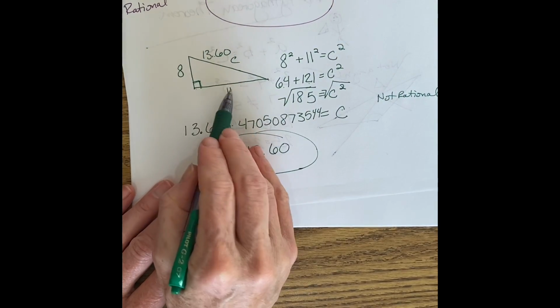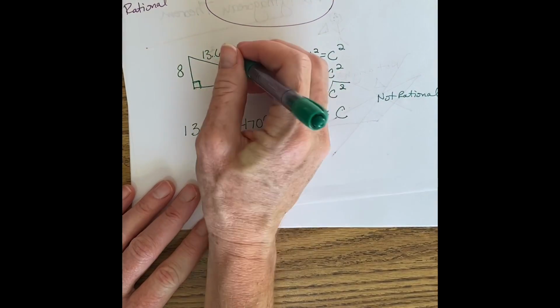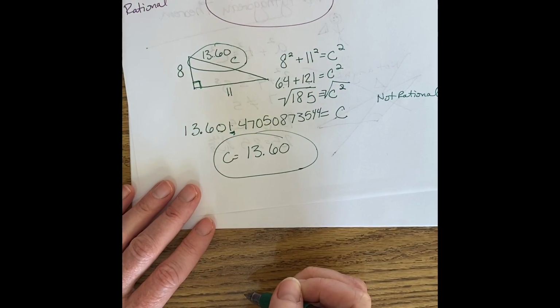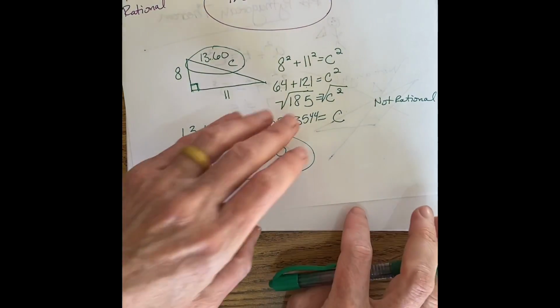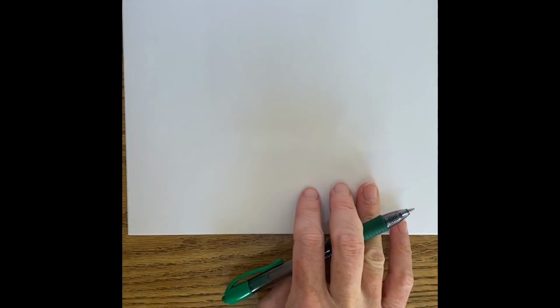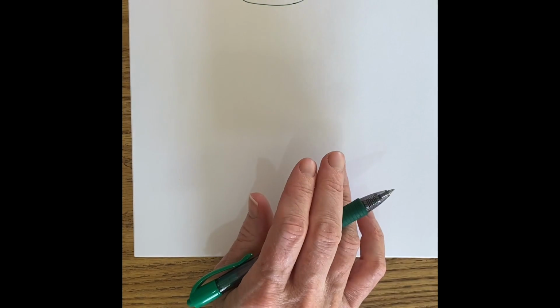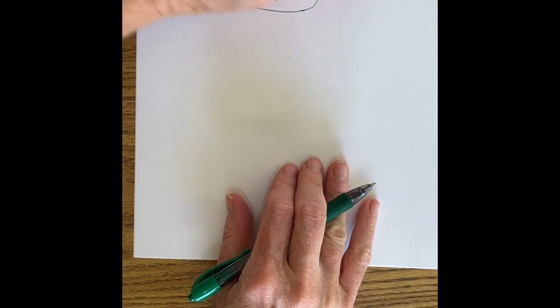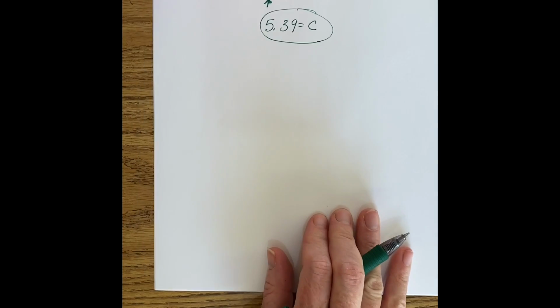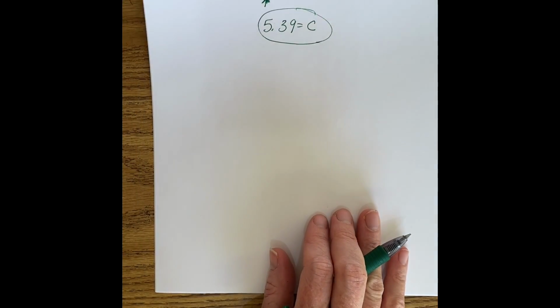We have 11. We have 8. Which one was the biggest? 13.6. This is your does it make sense test. You have a little bit more of a reassurance you've done it right if you finish this and you find that the hypotenuse is the longest length. The hypotenuse will always be longer than the legs.